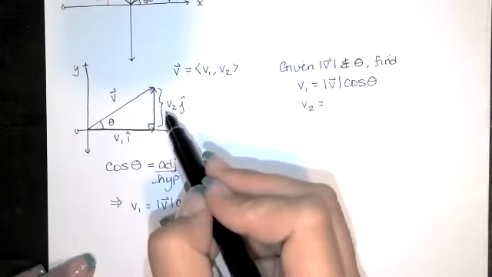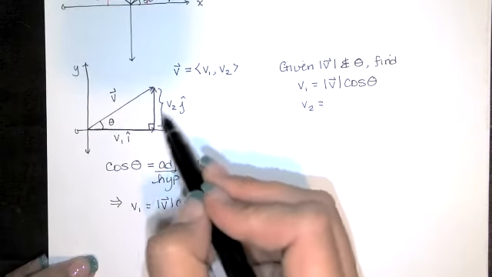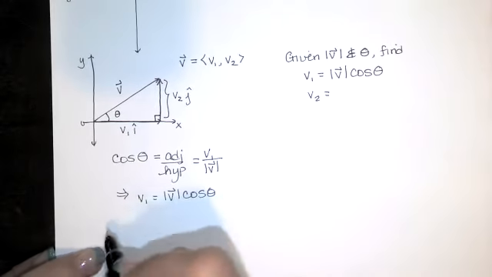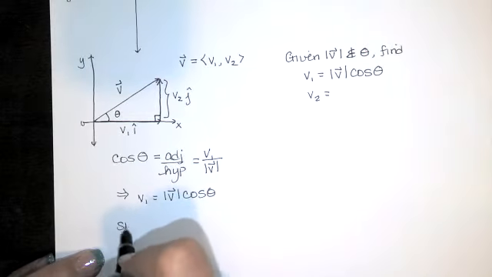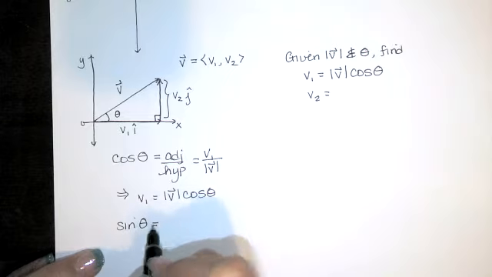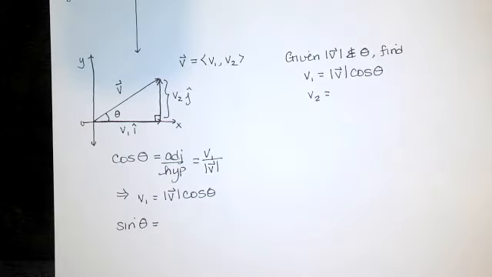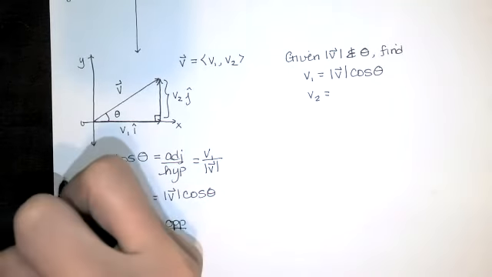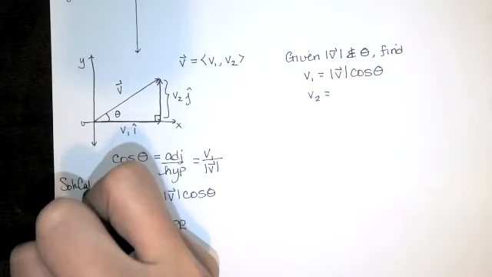And similarly, to find V2, since that side is opposite theta in our triangle, I keep saying the magnitude of V2. Basically, I'm trying to find the value of V2. From right triangle trig, SOHCAHTOA. Remember that guy?